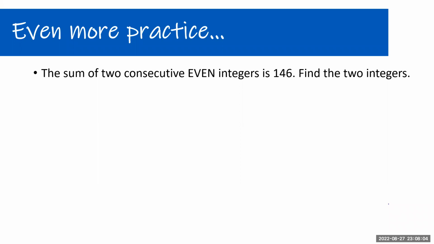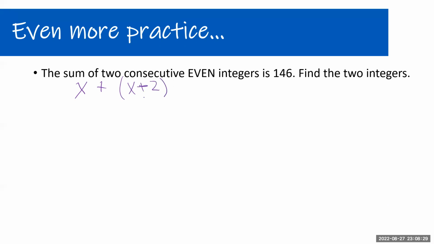So we know that one number, some even number that we make up, x, plus the next even number has to be 146. Well, if x is our starting point, then the next even one has to be x plus 2.